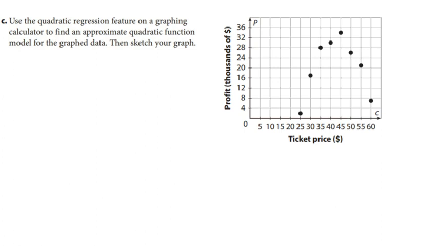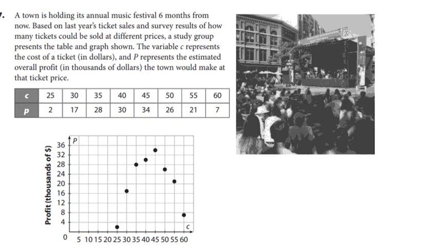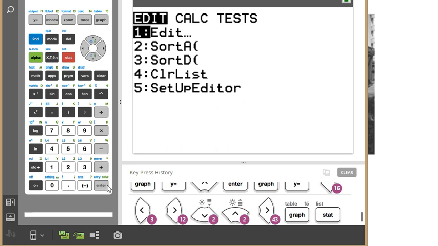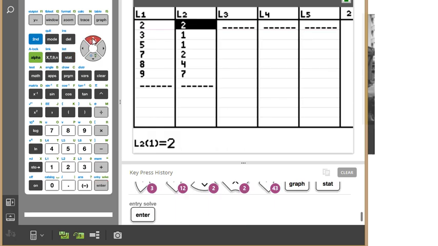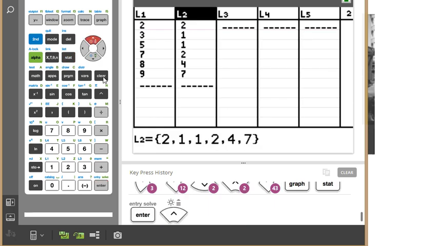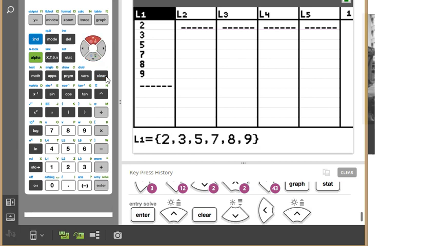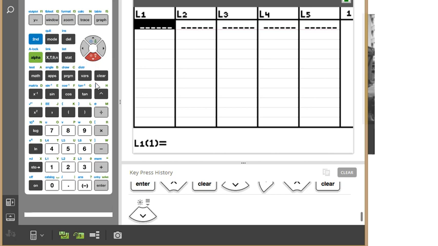So I'm going to go back to the data and put it in place here. For that we go to Stat, Edit. I'm going to clear off the data, clear down, clear down, and then we just enter the data. Its profit depends on ticket price.